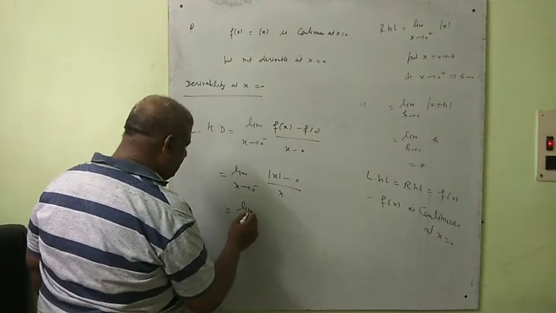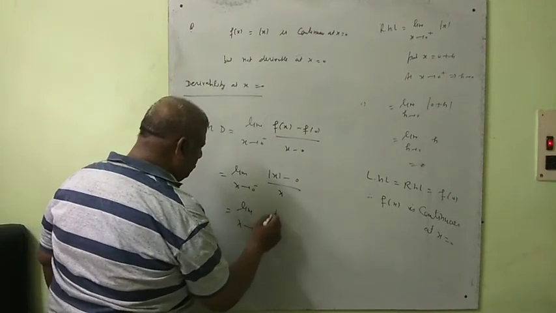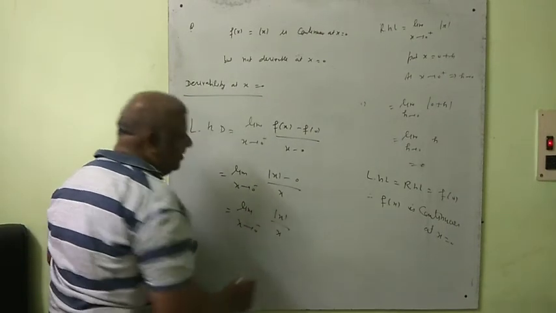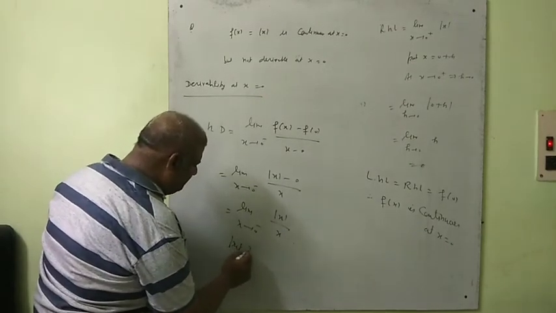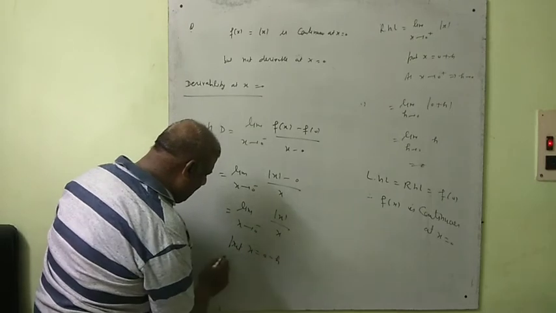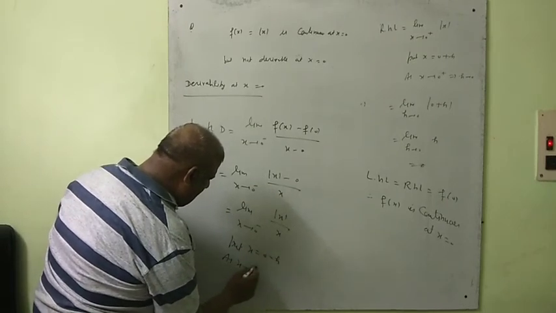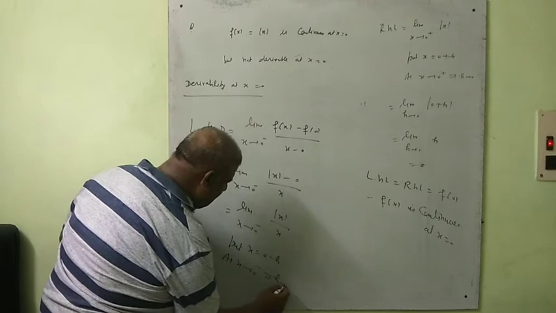We get the limit x tends to 0 minus of modulus of x upon x. To evaluate this, put x equal to 0 minus h. As x tends to 0 minus, h tends to 0.